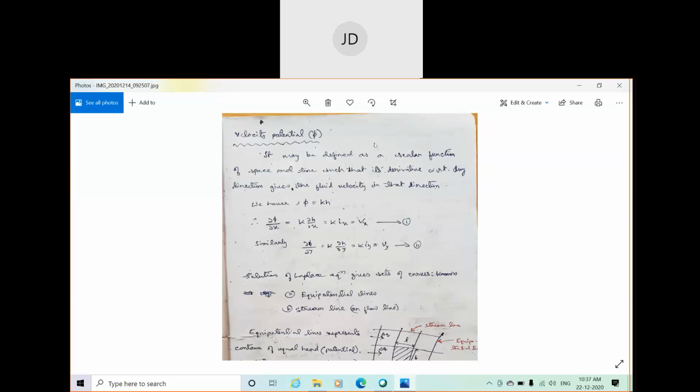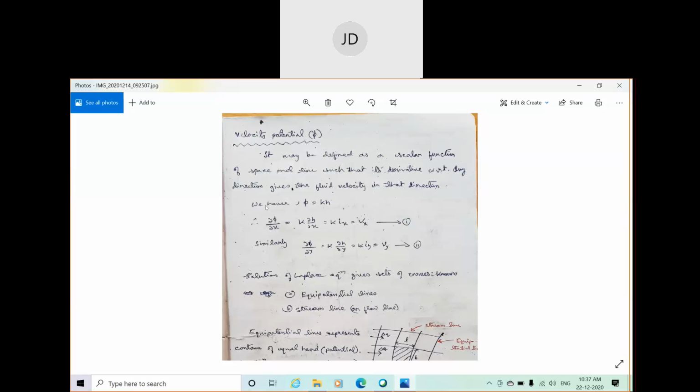And if you differentiate velocity potential with respect to y direction, you will get the velocity component in y direction. This statement can be proved mathematically.